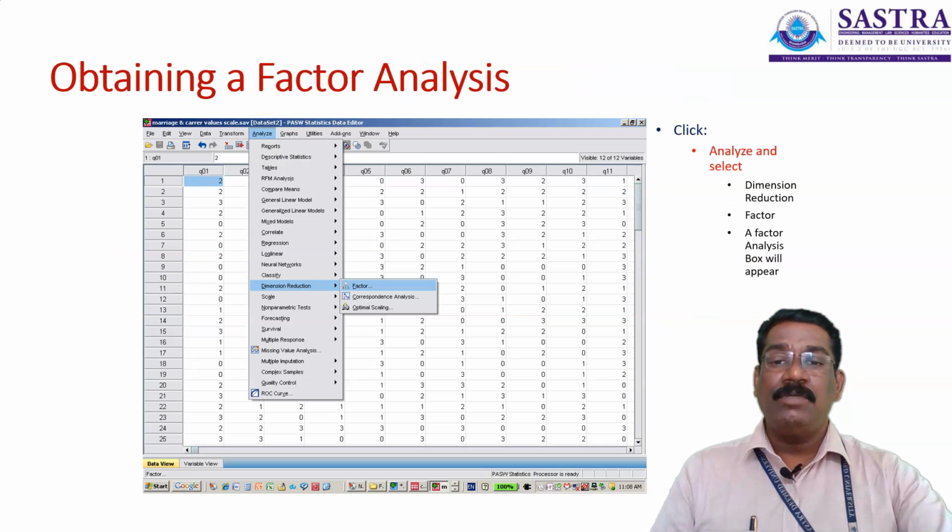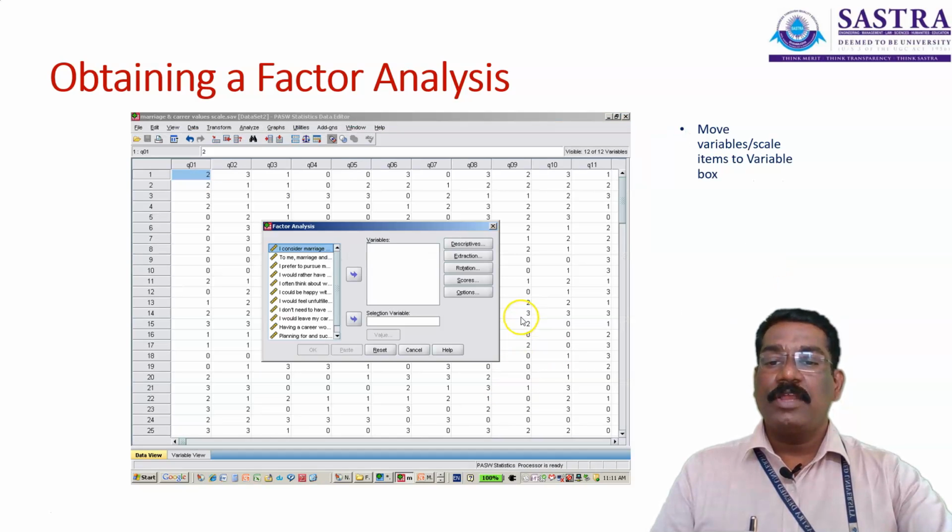It's now time to see how you can analyze using SPSS software. The first step in factor analysis: you go to Analyze, hit this button called Data Reduction, and you have Factor Analysis here. You can see Factor Analysis here. Then select the dimension reduction factor analysis box and click that.